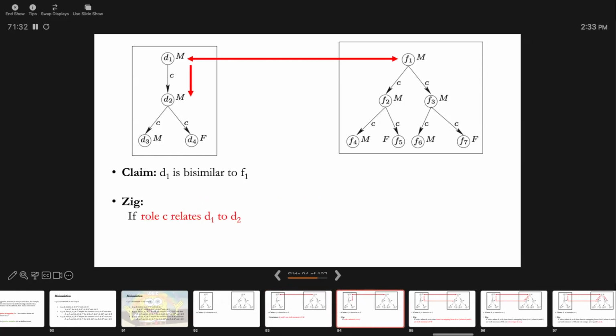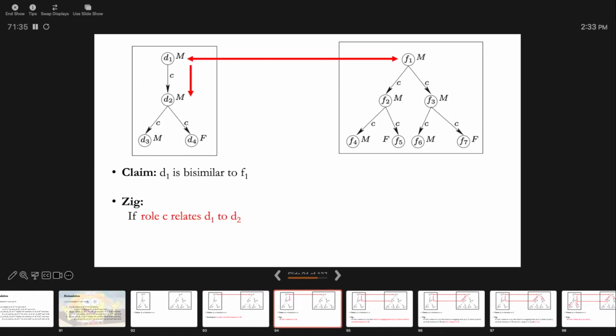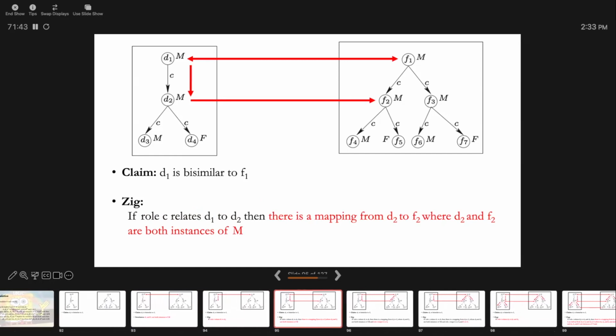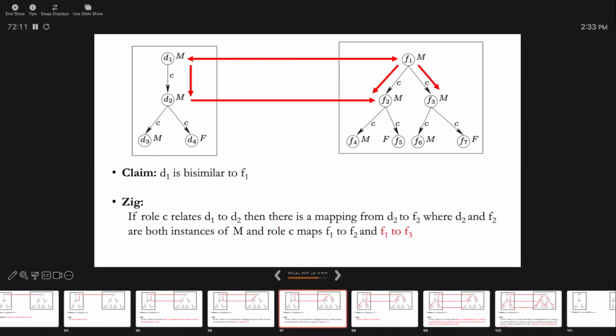Second thing you do: if there's a role, in this case C, that relates D1 to D2, as this does, then zig over, there has to be a mapping from D2 to F2, such that D2 and F2 are both instances of M, and they are, and role C maps F1 to F2. I'm just tracing down the structure. It's the zig direction, and there's a zag direction, and also, of course, F1 to F3.